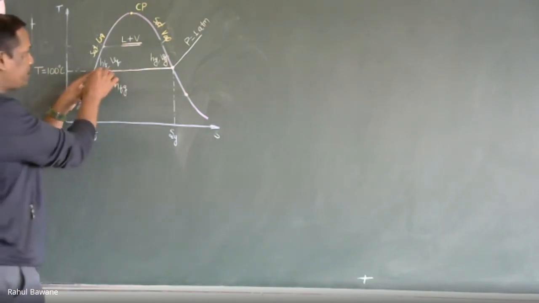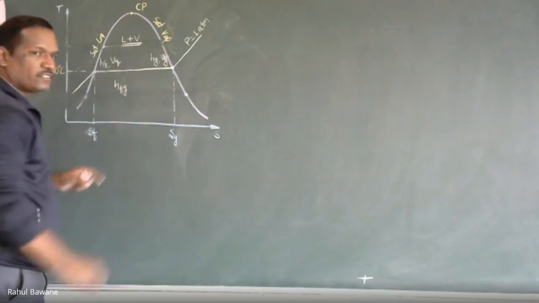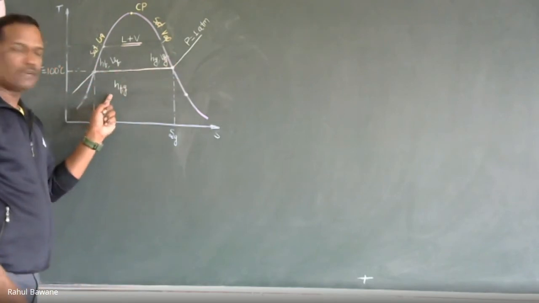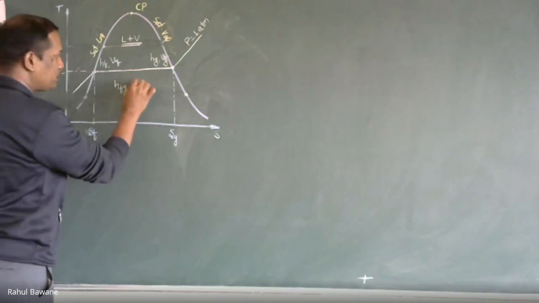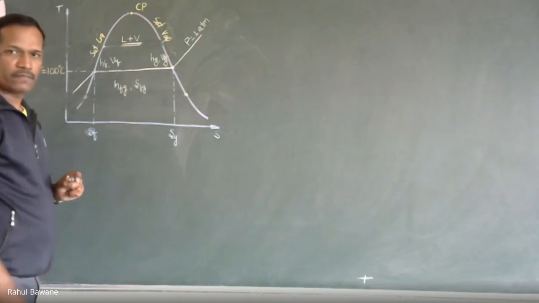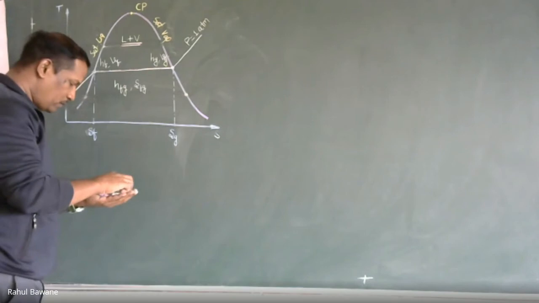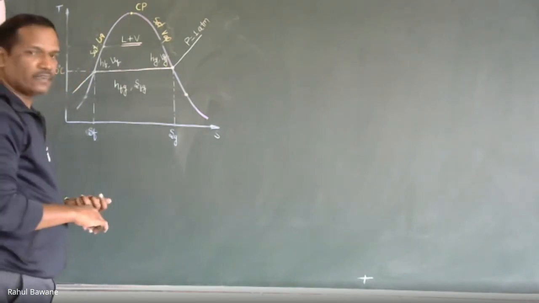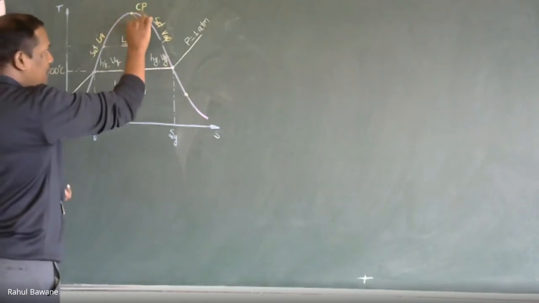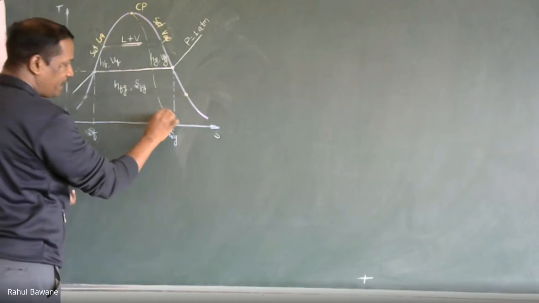So whatever the property in between these two saturation curves, suppose it is enthalpy, it is enthalpy of fluid and gas. If it is entropy, it is entropy of fluid and gas. Now in this, there is a different proportion of vapor and liquid. So accordingly, we can find out the dryness fraction. So this is x.